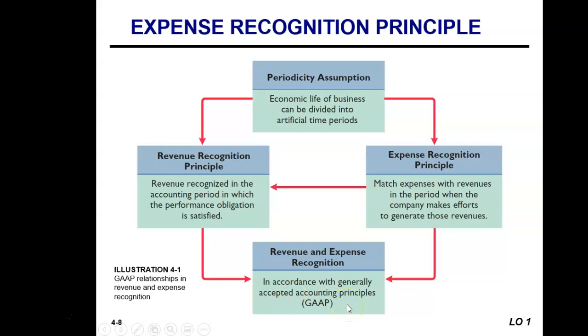So the rule says to recognize and record revenue when the performance obligation has been satisfied. Also, we're going to record the expenses and match them in the same period in which the revenue has been recorded as well. Okay?